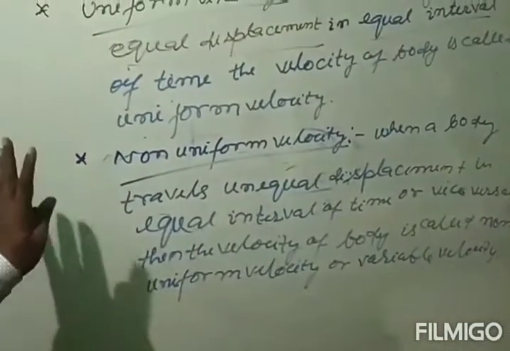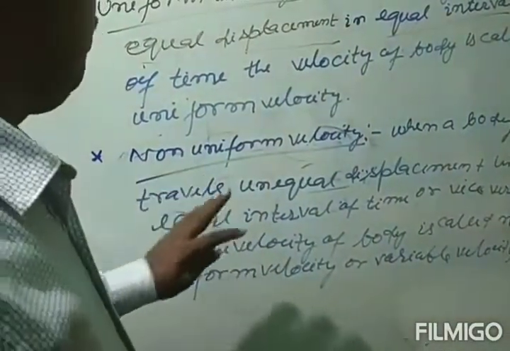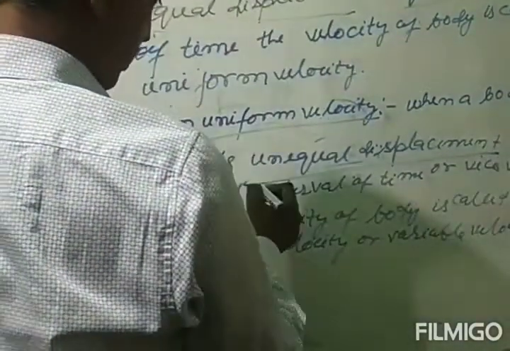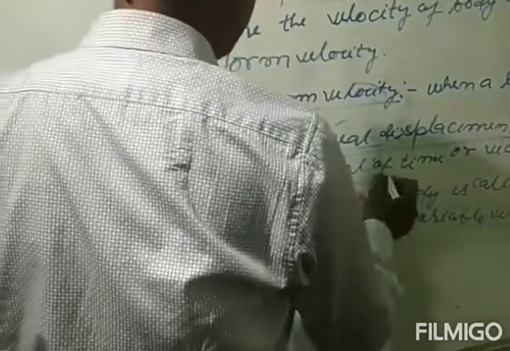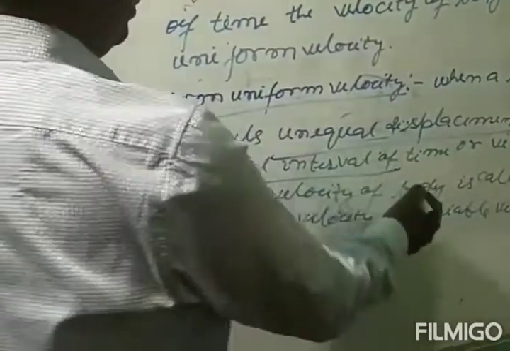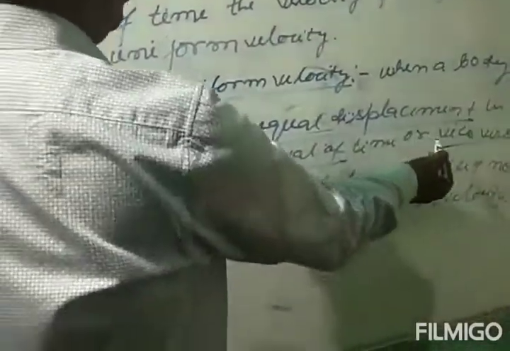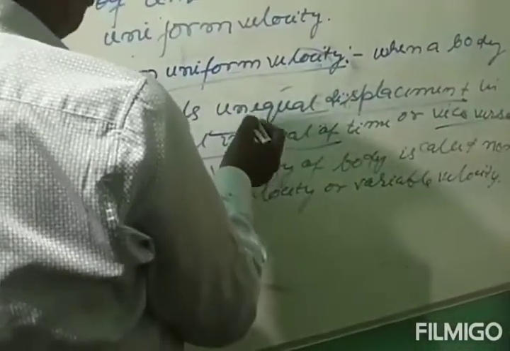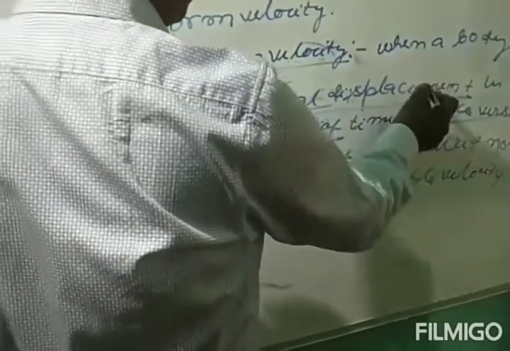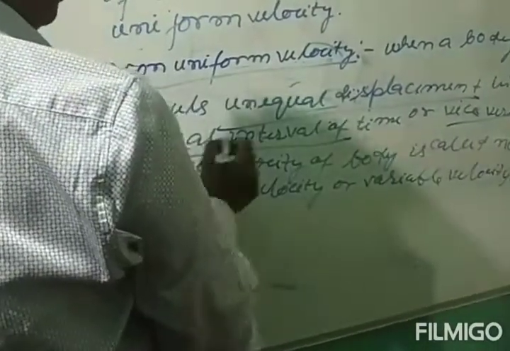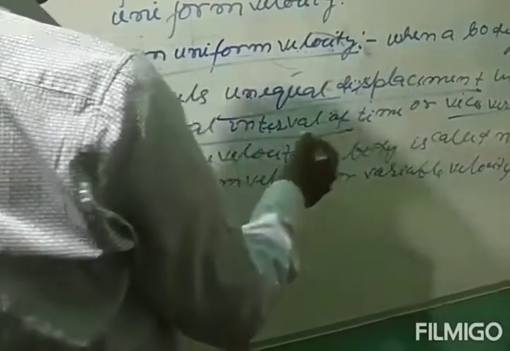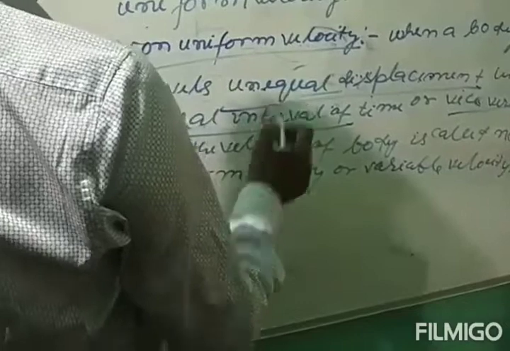So, what is the definition of non-uniform velocity? When a body travels unequal displacement. Here two things are important. First, unequal displacement in equal interval of time, and second, vice versa. What is the meaning of vice versa? Means opposite. Here first we take unequal displacement in equal interval of time, then second we take equal displacement in unequal interval of time.